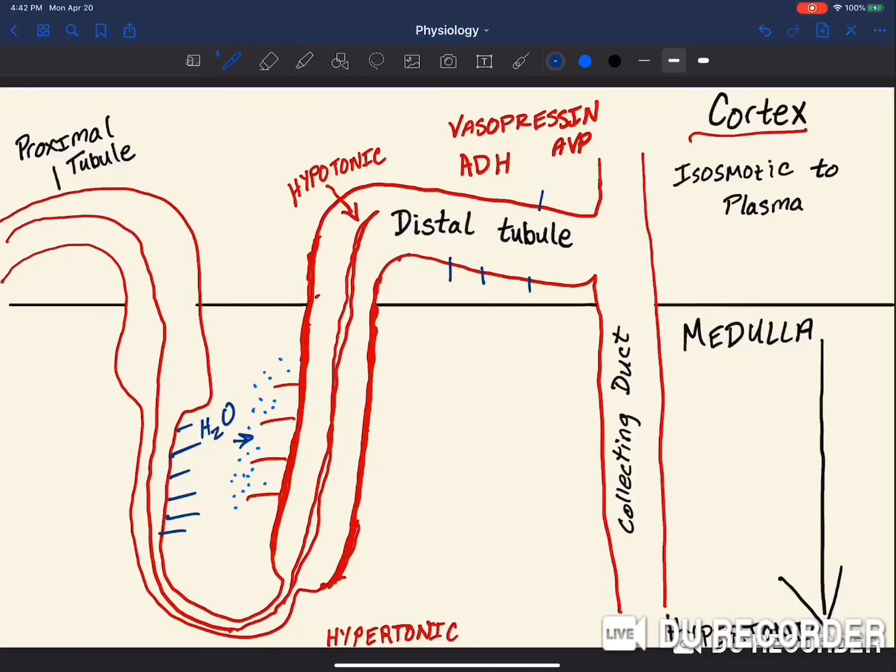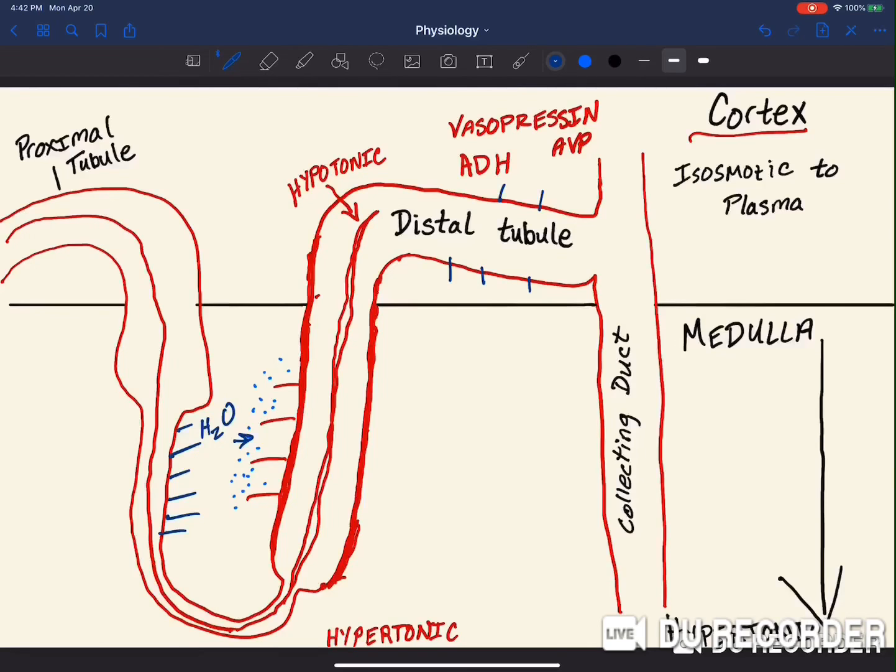And so then the water that is in this tube goes out to the cortex because since it's hypotonic to the cortex, water is going to follow solutes, right?